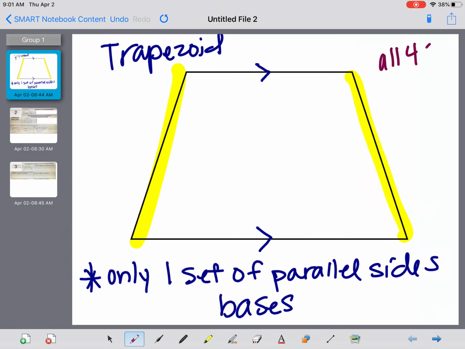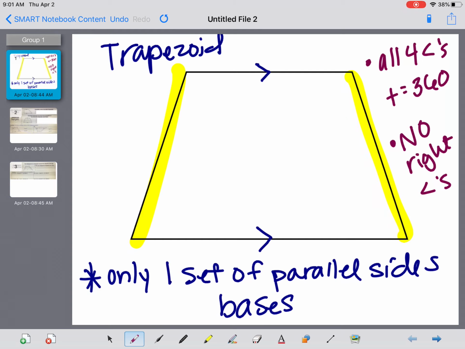Now, another thing that you need to remember that you already know is that all four angles add up to equal 360 in a trapezoid. And in a trapezoid, there are absolutely no right angles. No right angles, okay? At least not in this one.